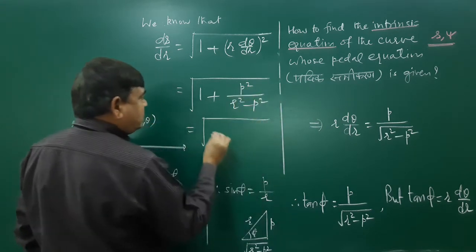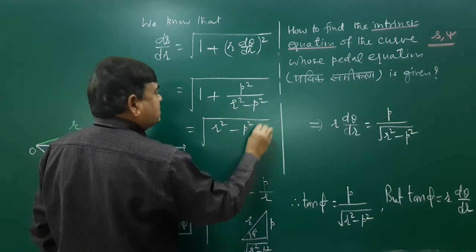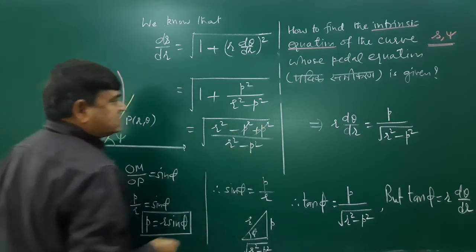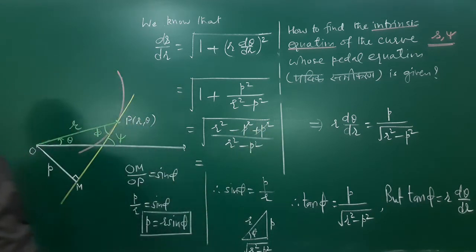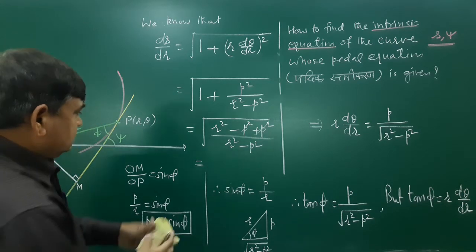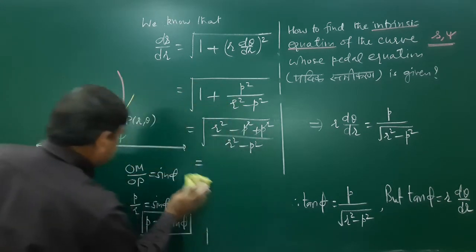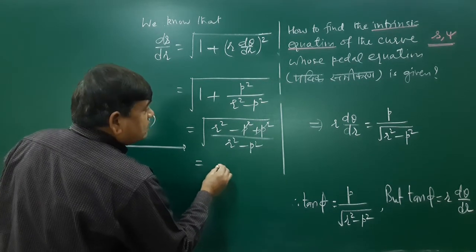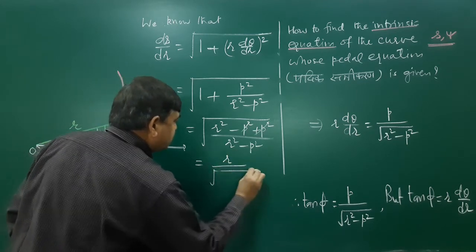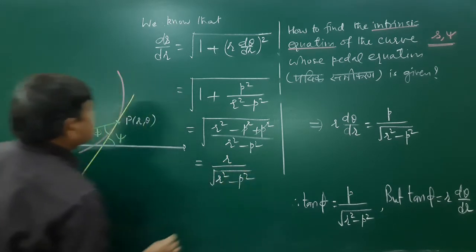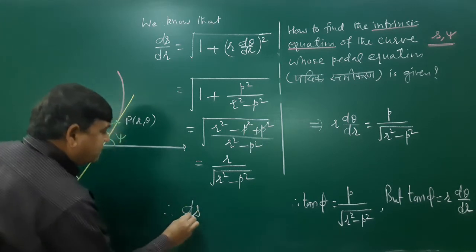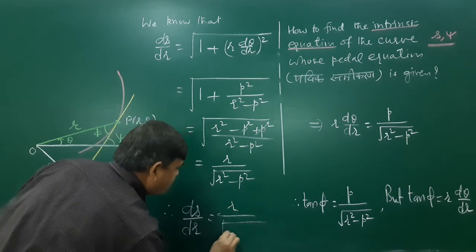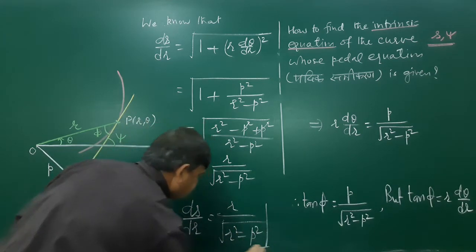This implies under root of r square minus p square plus p square upon r square minus p square. This part is cancelled out, and we found this is r upon under root of r square minus p square. Therefore, ds by dr is r upon under root of r square minus p square.